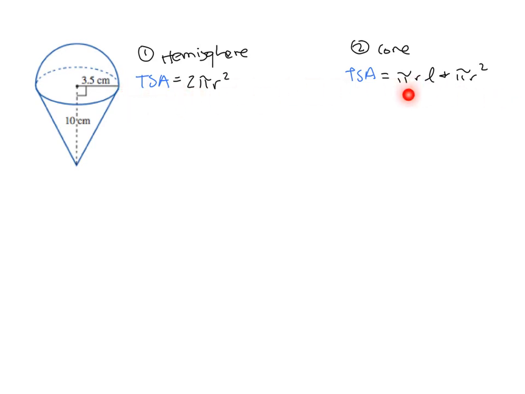Now, the only thing that you do have to consider here is that because they share this exact same piece, we don't have to include it in both of them when we actually do the complete total. So it's easiest if we were to remove that piece from the cone and leave it on the hemisphere.